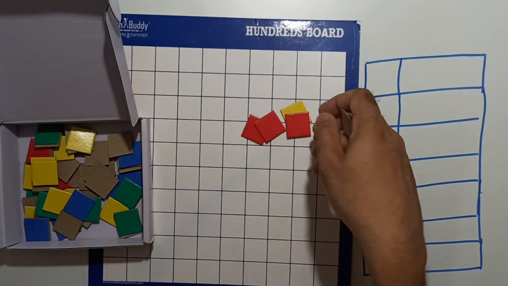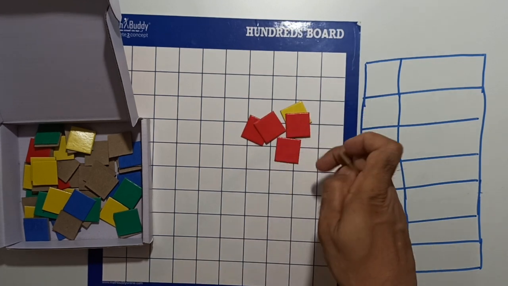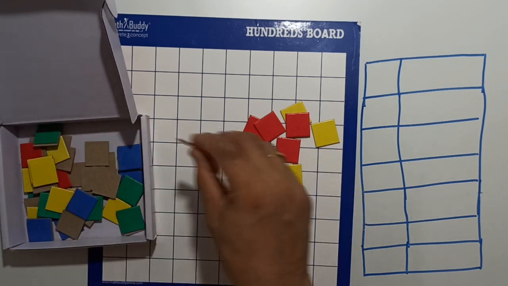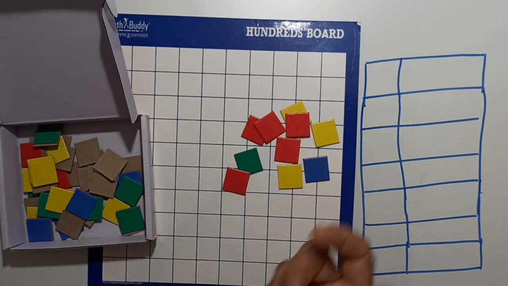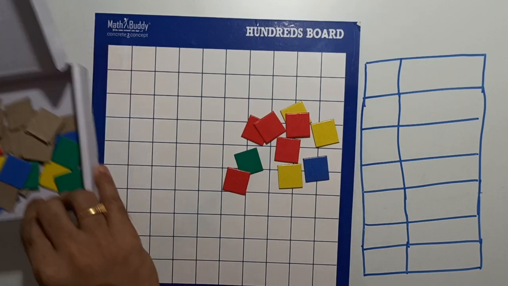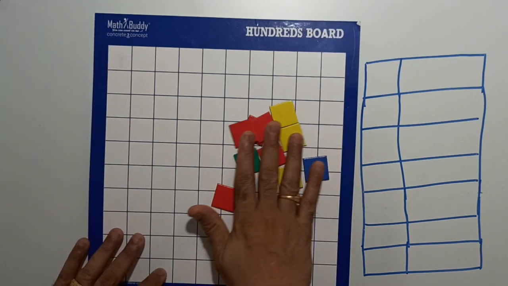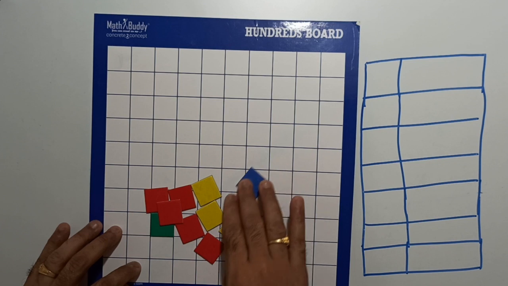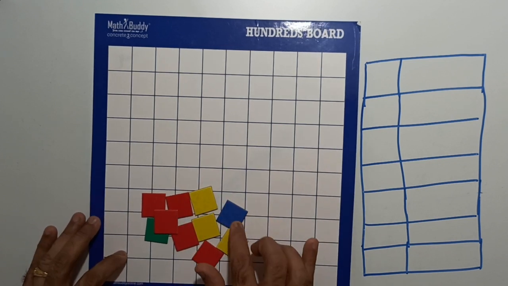So we'll take 10 tiles like this: 5, 6, 7, 8, 9, 10. You can take any colors, it doesn't matter, right? So we have 10 of these tiles. Now, if I have these 10 tiles, let's try to arrange them in the form of a rectangle. How many different ways can I form a rectangle?